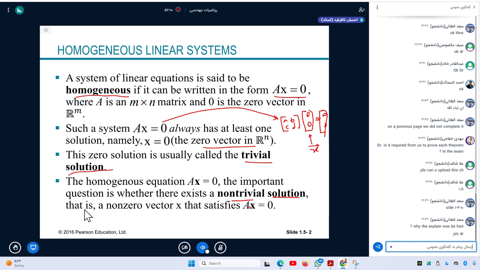It could be non-zero, but still the result of this multiplication is 0. So when we are talking about the solution for this homogeneous equation, mainly we are referring to the non-trivial solution, not the trivial solution.